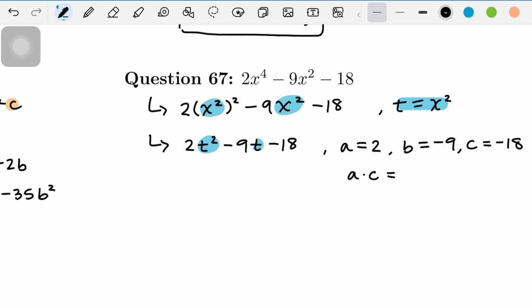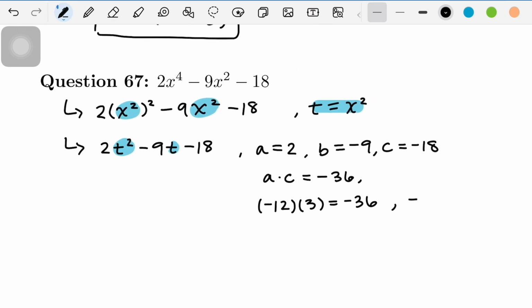A times c is going to give us a minus 36, and we know b is equal to negative 9. So that means we need 2 numbers that will multiply to be negative 36 and add to be negative 9. So those 2 numbers would be minus 12 and 3. This gives us a negative 36, and then minus 12 plus 3 will give us a negative 9.